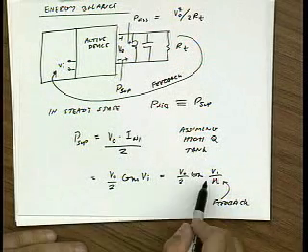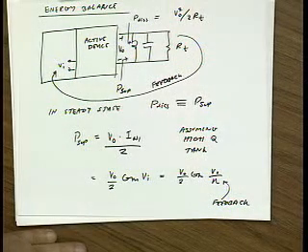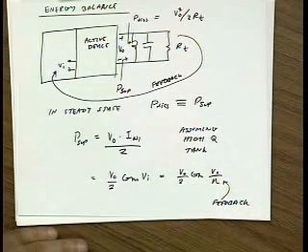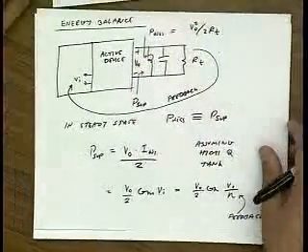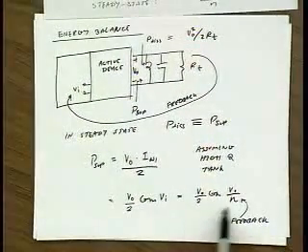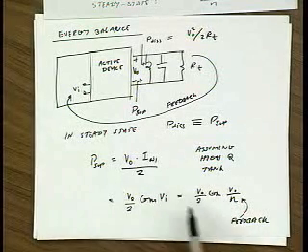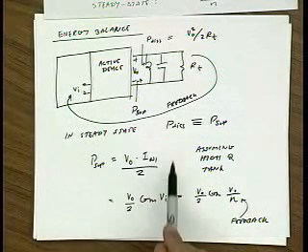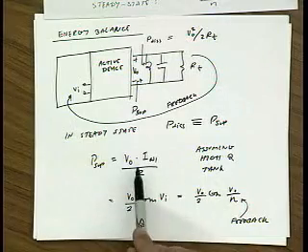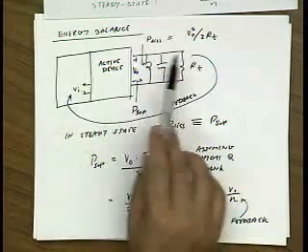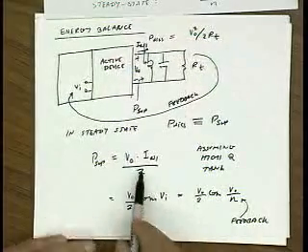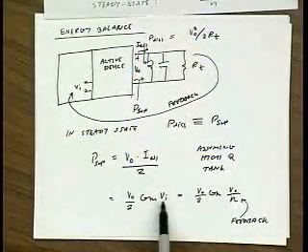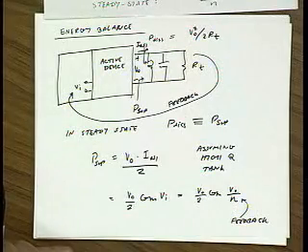And I'm assuming that the input is in phase with the output after being multiplied by GM. So if GM were negative, like a normal transistor, then the feedback would have to be negative as well. Otherwise, you can see immediately that this won't work. It won't be able to supply power to the circuit. So to keep this quantity positive, in the sense that if we define the current coming out as being positive, so this is I omega 1, then you can see immediately that GM times V in has to be positive.